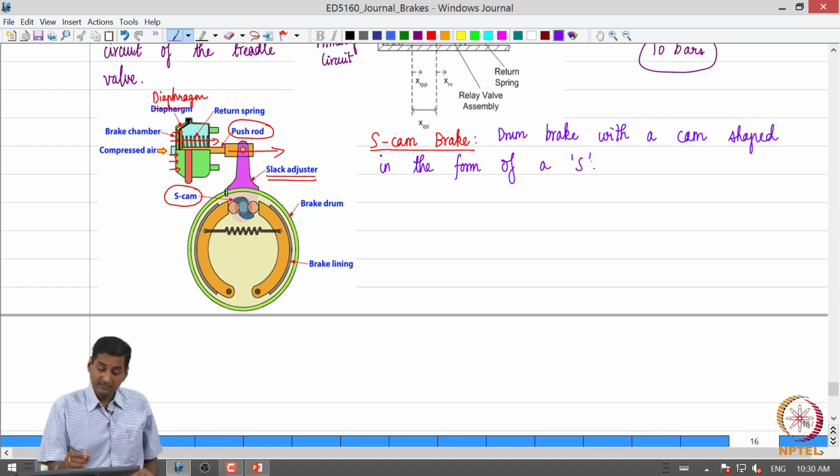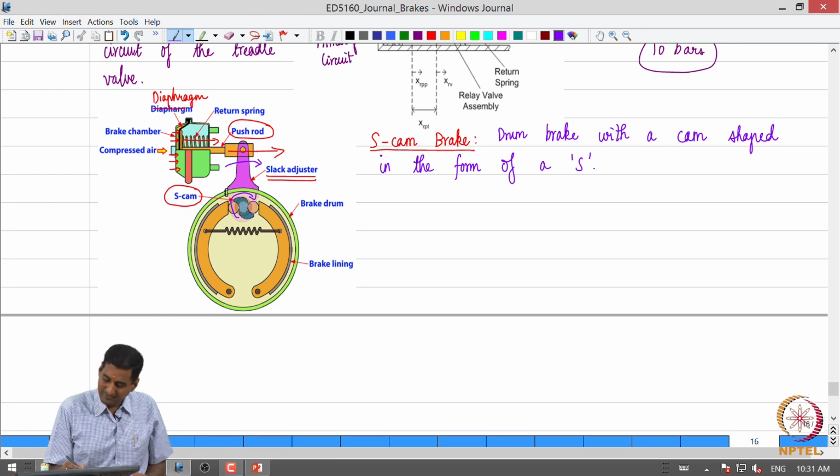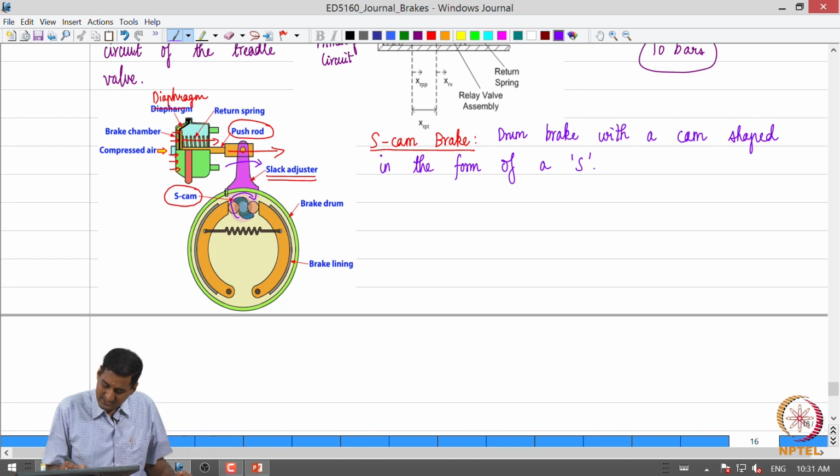So, what is going to happen? The push rod will rotate the slack adjuster, and the S-cam will be rotated because it is mounted on the same shaft. Then these rollers will move on the cam profile, because the S-cam has a profile, and they will push the brake pads out.